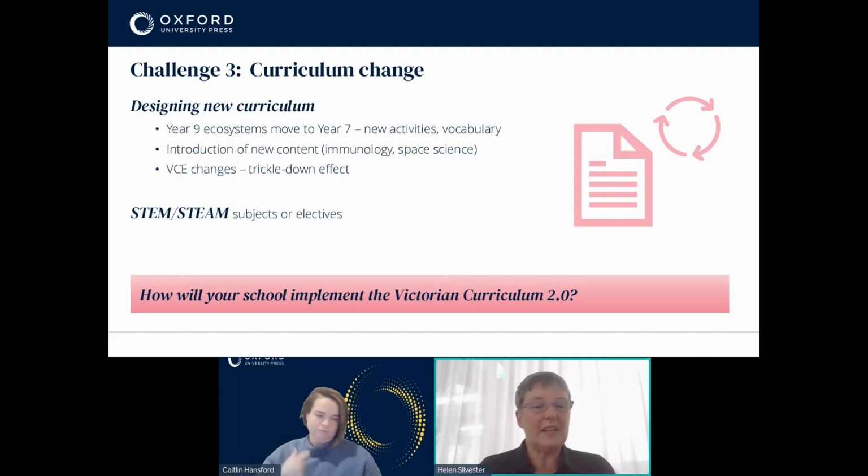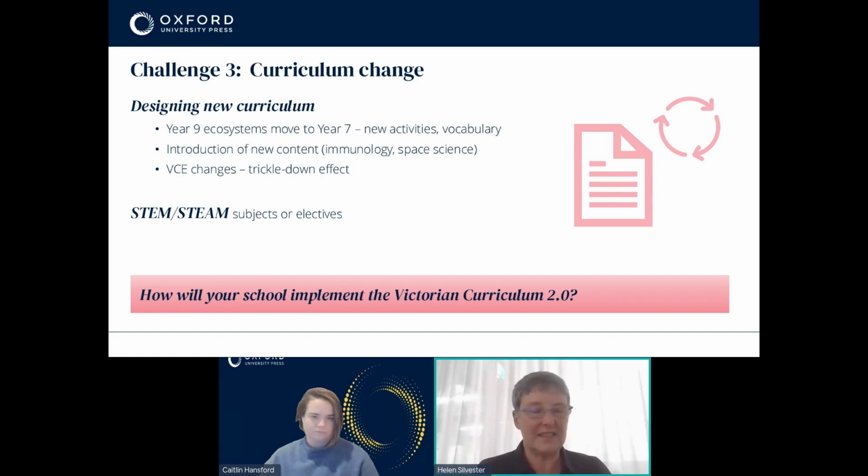So, and you can't just take what you used to teach in year 9 and put in year 7, because what year 9 students would have been capable of with already 2 to 2.5 years of science training in the previous life at school, moving that back into year 7, when you've got such a huge variety of students, some of which have done a lot of science in primary school, some of which haven't.